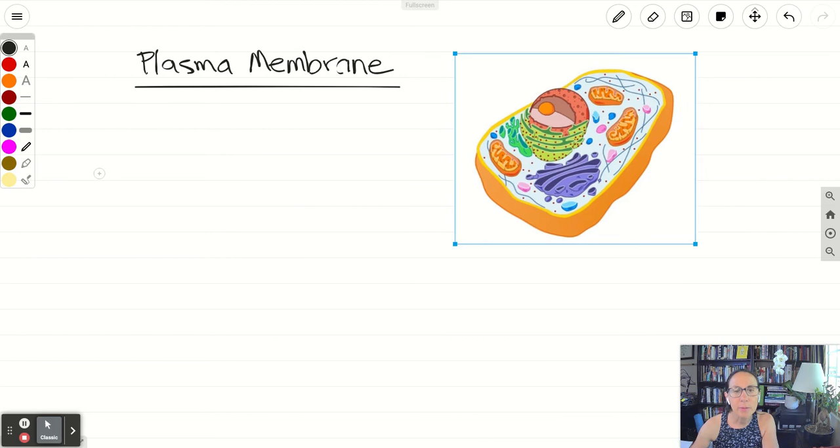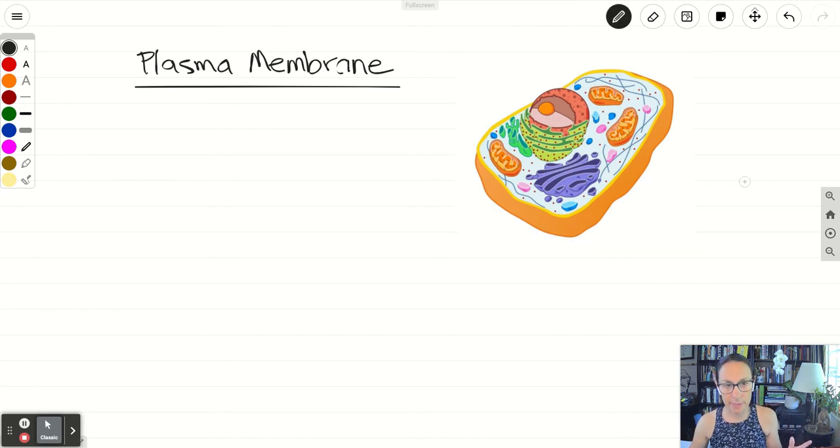And the plasma membrane is just this orange part, okay? All cells have plasma membranes. All bacteria have plasma membranes, animal cells, plant cells, okay? So this is the same for all living organisms, okay? And so in this picture, the plasma membrane is just the orange part.